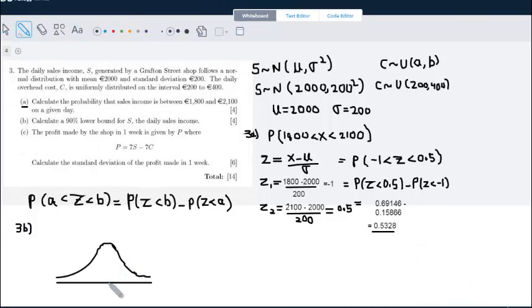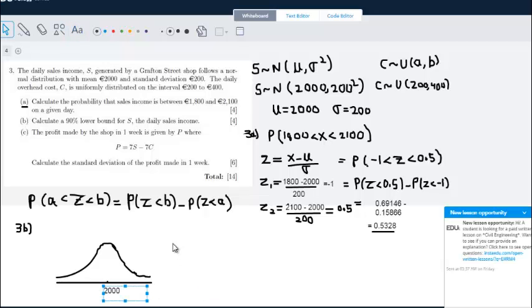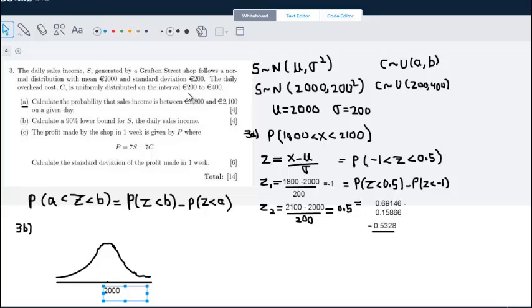And this is the normal curve, and here suppose lies the mean. 2000 is the mean. So 90% lower bound would mean that 90% of the area is above this. So hence this would become a lower bound.